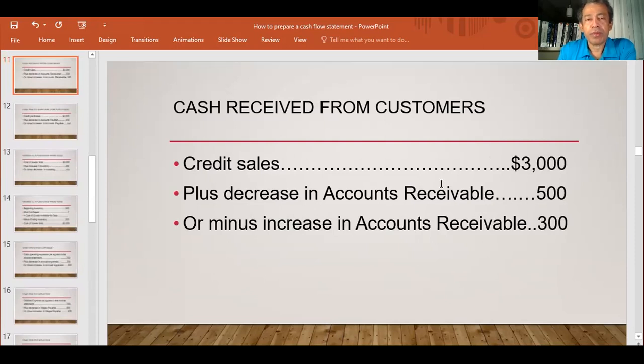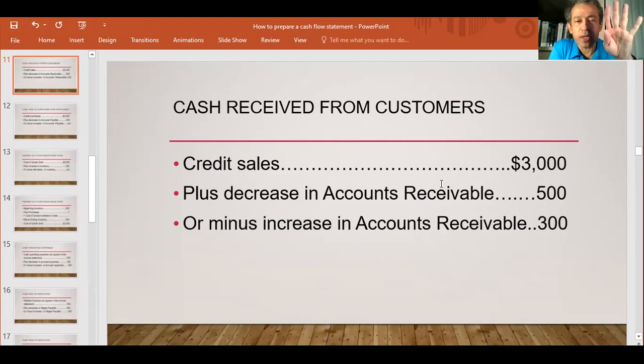If credit sales was $3,000, and let's say your beginning accounts receivable was $1,000. So you already started the year with $1,000 of accounts receivable, which is the money that you would be trying to collect. Then you've made another $3,000 of credit sales. So your total money outstanding with customers is going to be $4,000.